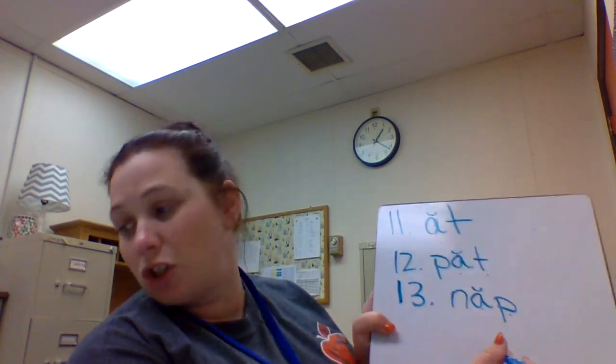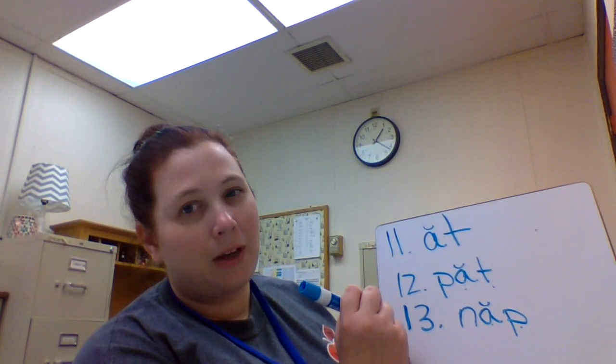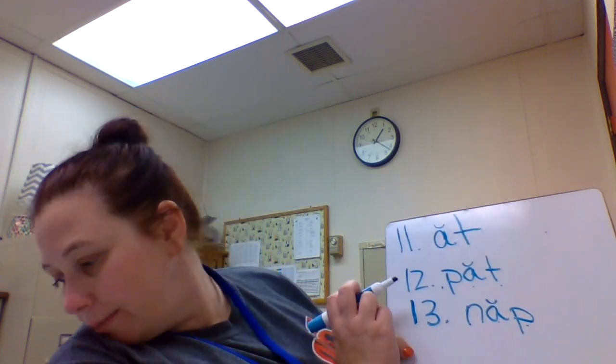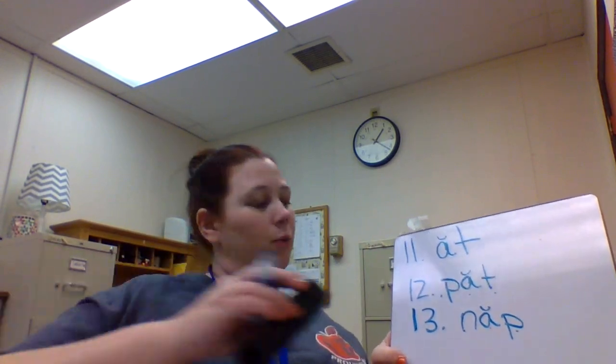It's n, a, p. Good job. And let's look at that picture and decide what that's a picture of. Is it a picture of at, pat, or nap? What is that little girl doing? Or boy? Who knows? All right, go ahead and draw a line from whichever number to the picture that you think matches.